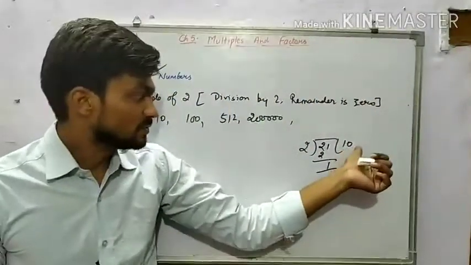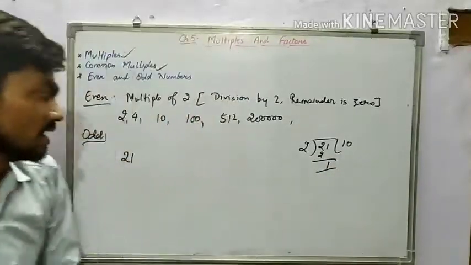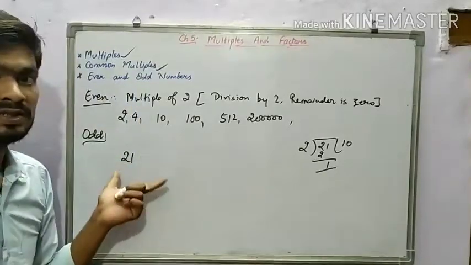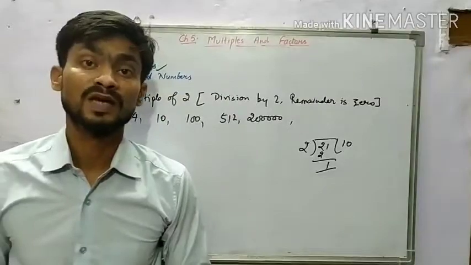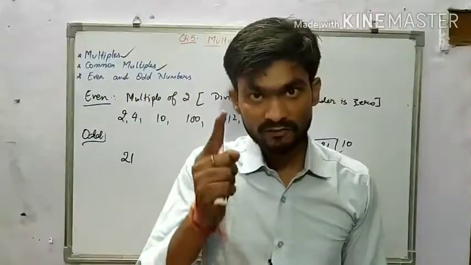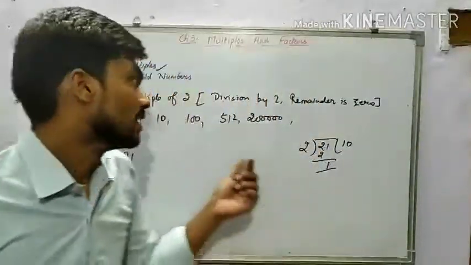So 10 times we read the table, but 1 is remaining. It means 21 is not an even number, so it is an odd number. All the numbers which are ending in 1, 3, 5, 7, 9, not 0, are called odd numbers.